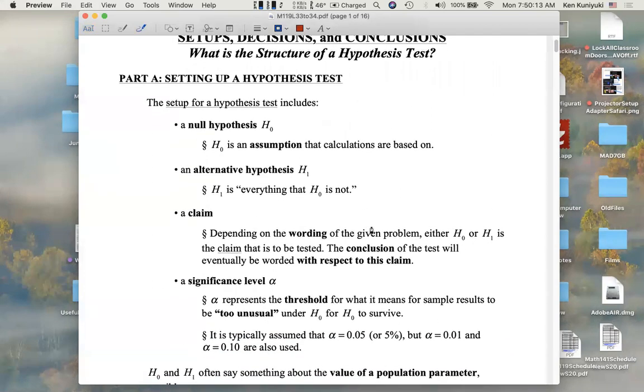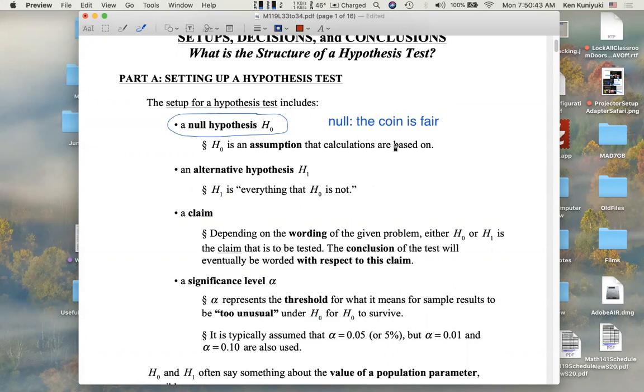The setup for a hypothesis test includes a null hypothesis, denoted by H naught or H sub 0. The null hypothesis is an assumption that calculations are based on. We can compute probabilities and test statistics on this assumption. The classic null hypothesis we used in previous lessons: the coin is fair.